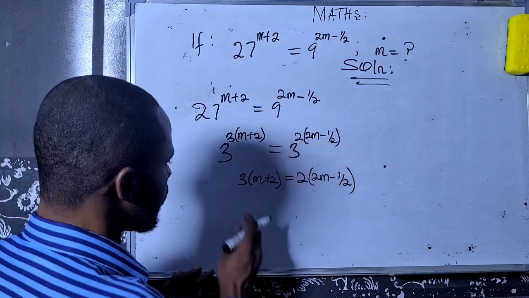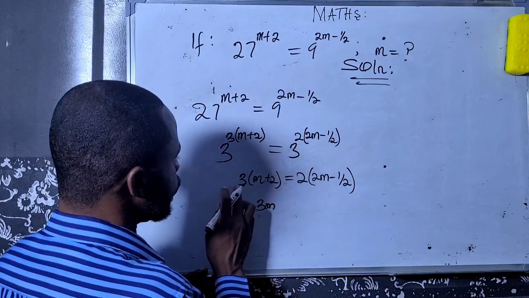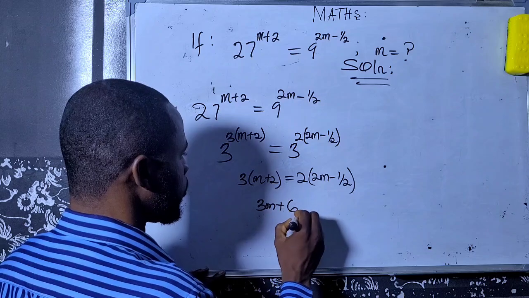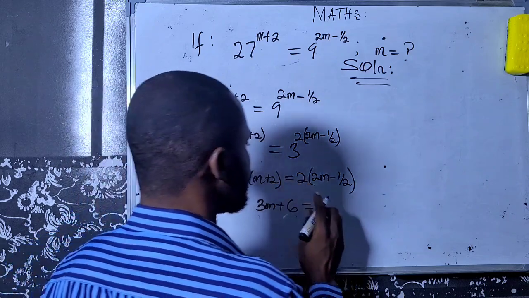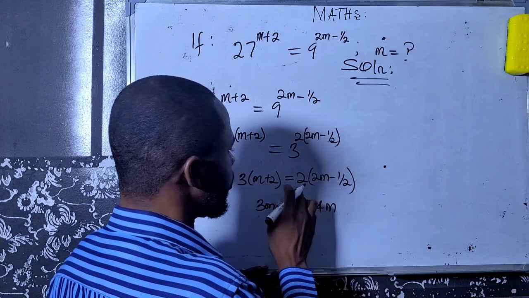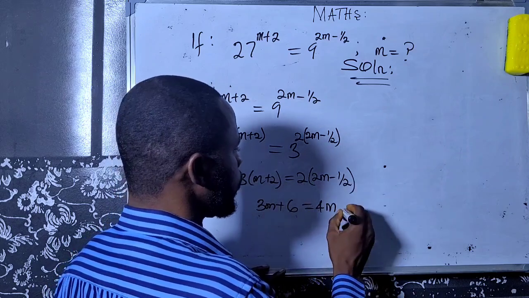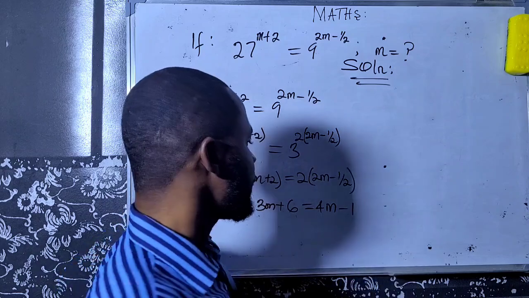Then here we are going to have 3 multiplied by m, that gives us 3m. Then 3 multiplied by plus 2 gives us plus 6, equals 2 multiplied by 2m, that gives us 4m. Then 2 multiplied by minus 1 over 2 will give us minus 1.